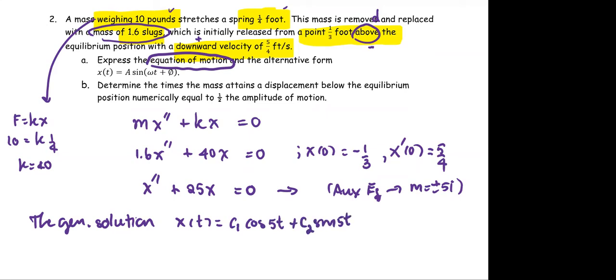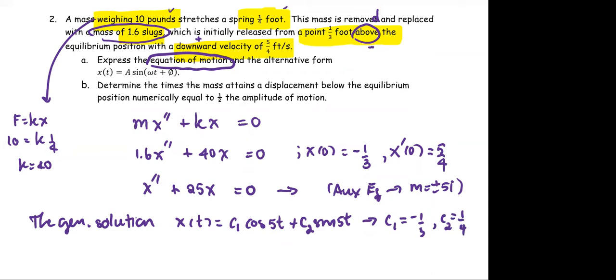And then follow the same process. I'm going to keep it short and give you c1 and c2, so we can move on to the other two cases. c1 is negative 1/3 and c2 we get is 1/4.